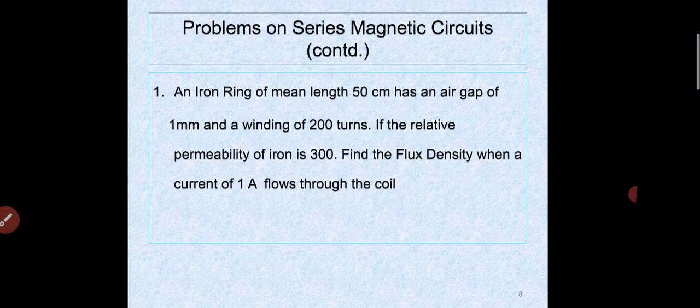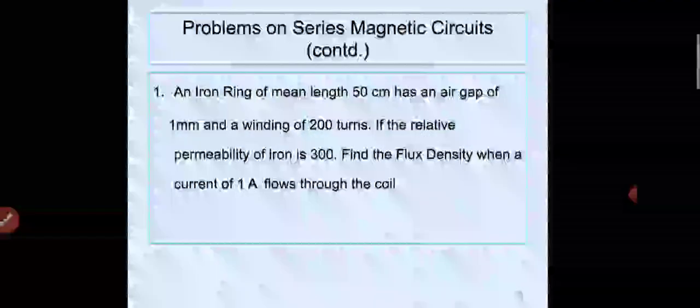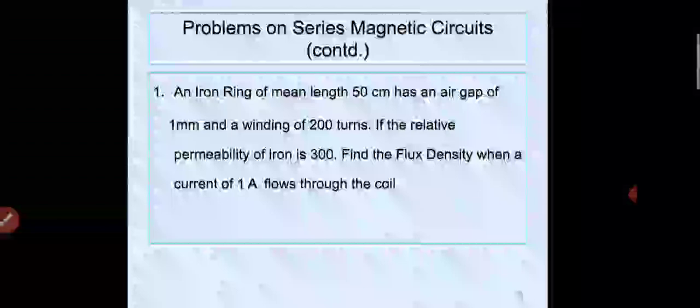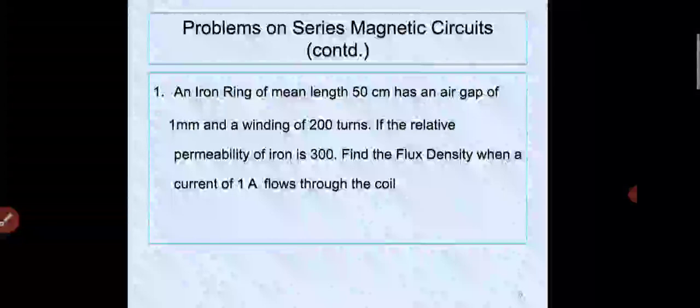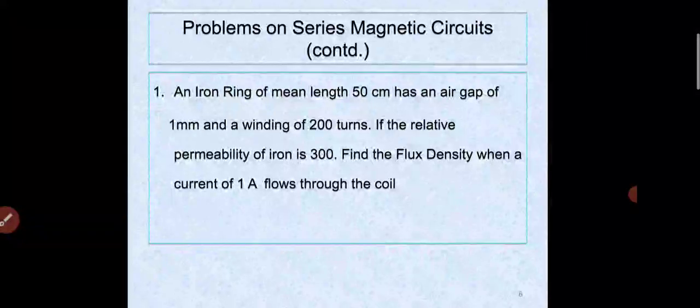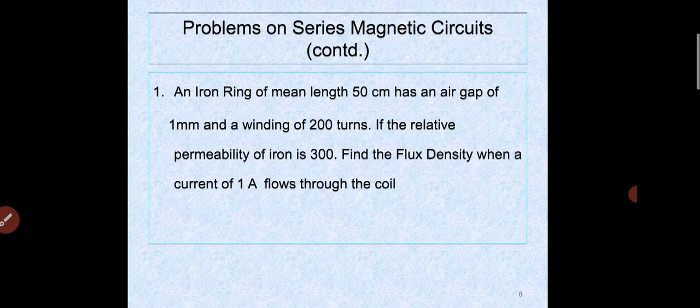First problem: an iron ring of mean length 50 centimeters has an air gap of 1 mm and a winding of 200 turns. If the relative permeability of iron is 300, find the flux density when a current of 1 ampere flows through the coil.